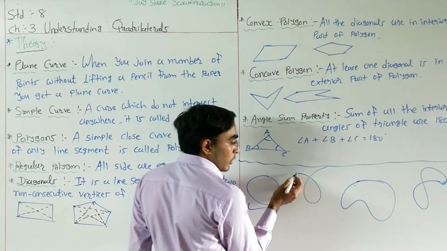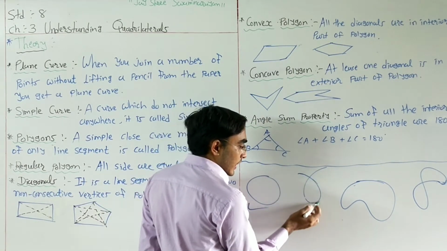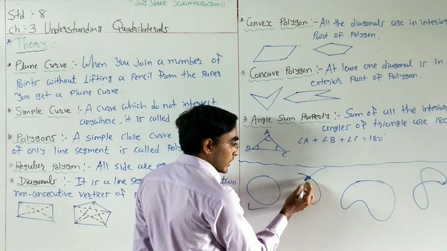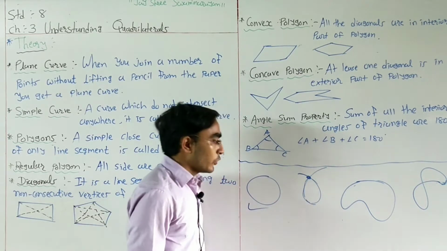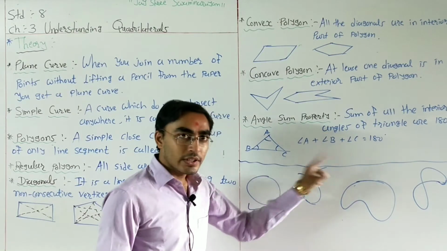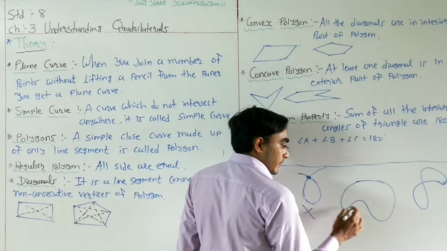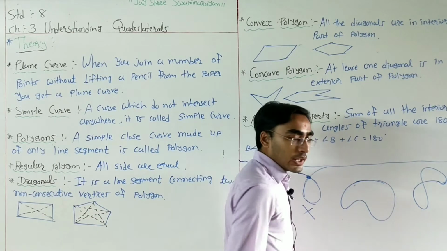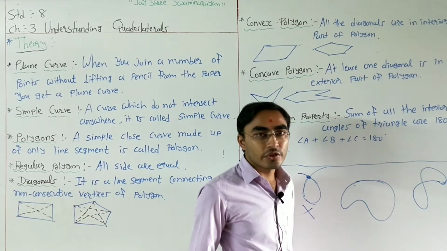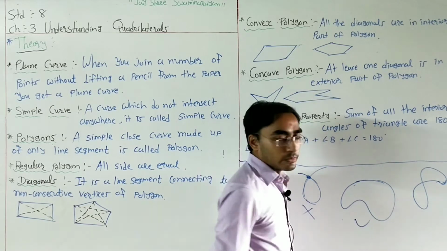Now if you look at this curve, we draw this curve and this is the intersection point. So here the curve intersects, so it is not a simple curve. If we draw this curve, there is no intersection point, so this is a simple curve.